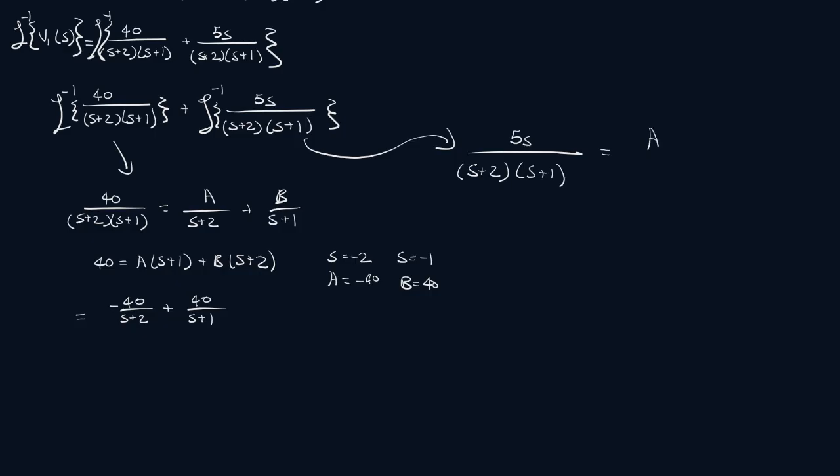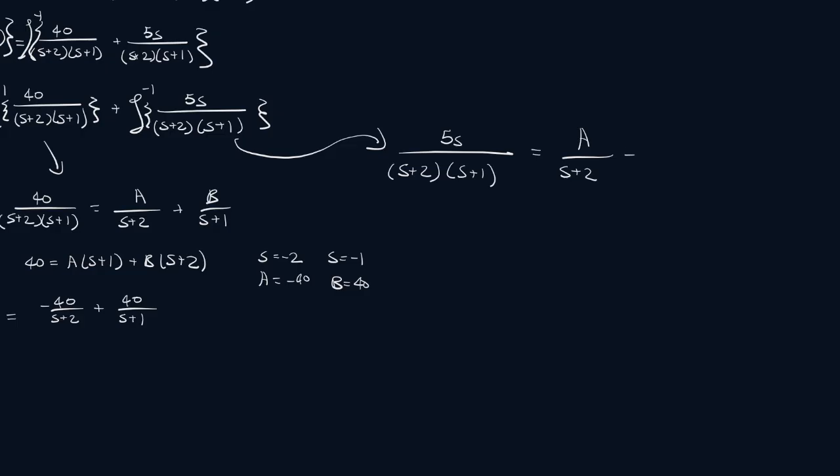That's equal to a all over s plus 2 plus b all over s plus 1 times everything by this value. So we have 5s is equal to a s plus 1 plus b s plus 2.